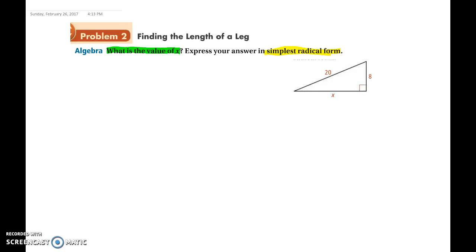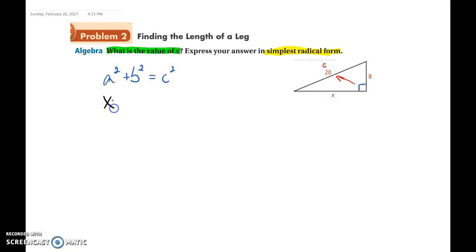For this one, we know it's a right triangle. Since we have a missing side, we can use a squared plus b squared is equal to c squared. Remember, the only one that matters that you fill in for is c, so that has to be our hypotenuse. So 20 has to go in for c. x and 8 can go in either one, a or b. It really doesn't matter.